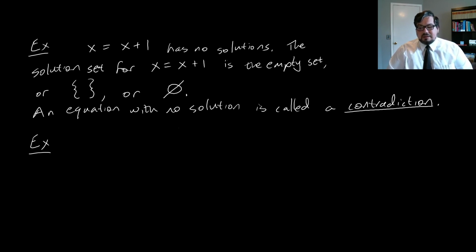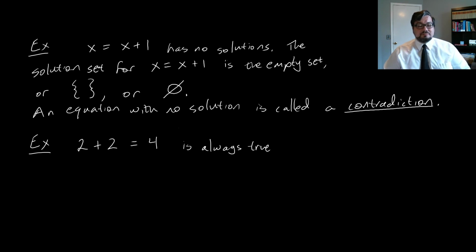And then finally, let's look at a very simple equation. Let's look at 2 plus 2 equals 4. Well, this is a very simple equation, and you'll notice that this doesn't even have a variable in it. And furthermore, this equation is always true.